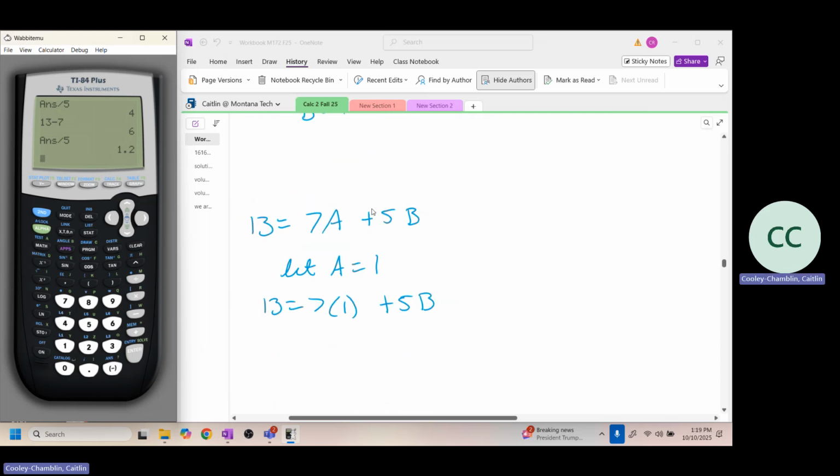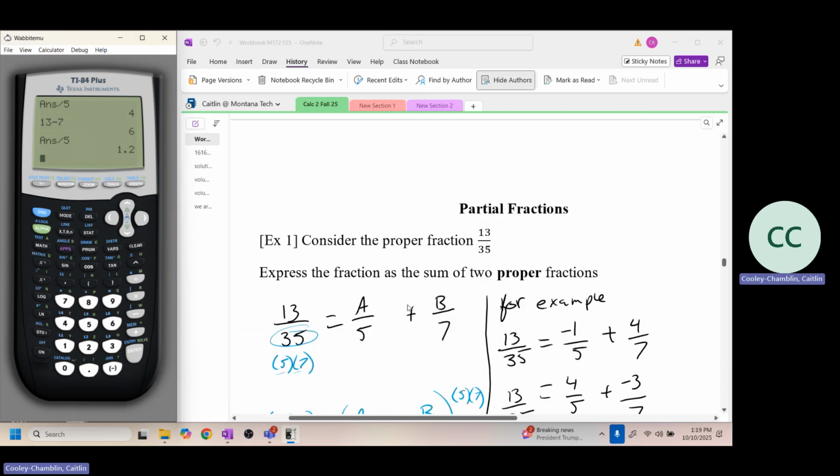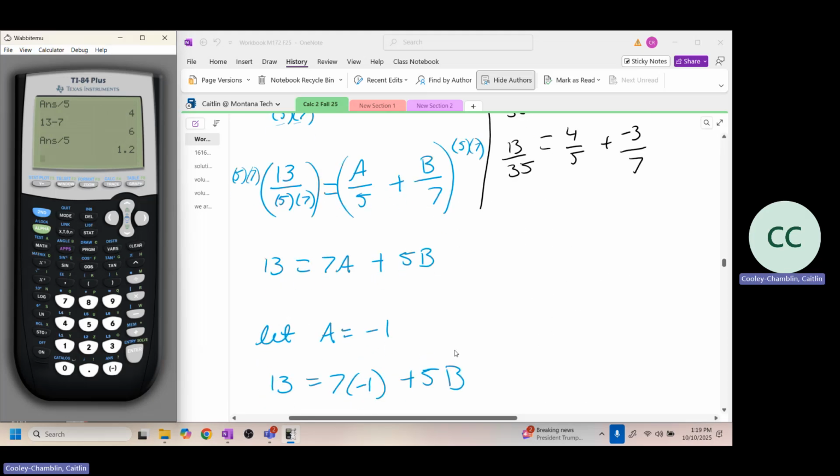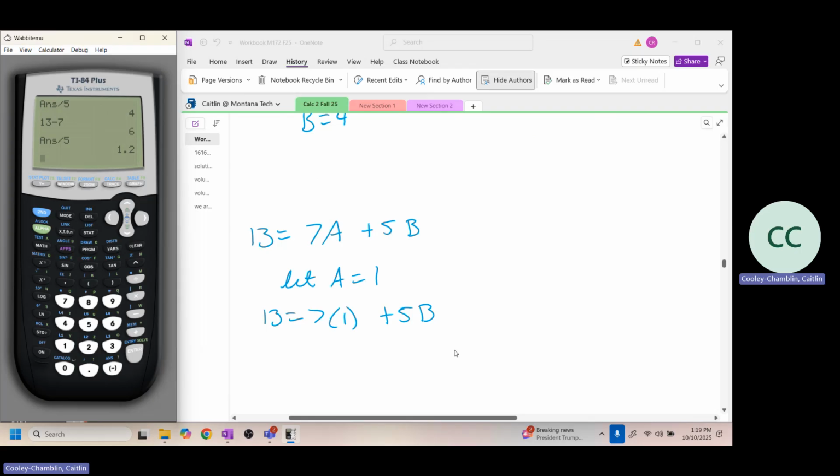We would have 1 over 5 plus 1.2 divided by 7. We can use that, but it's not a very nice number. I would stick with A's and B's that give me whole numbers, so it's still more of a guess and check. What we're going to do after this is find actual numbers, or actual equations that fit.